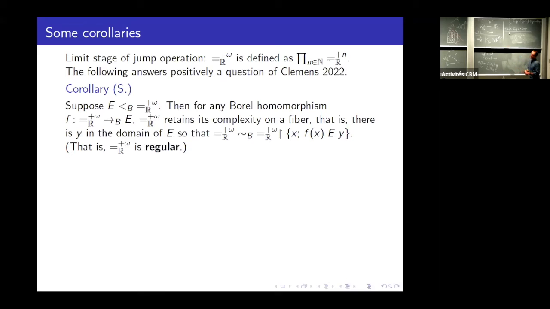I wrote here the terminology that Clemens used to define this, saying that the equivalence relation is regular. If you remember cardinalities in set theory, kappa is a regular cardinal if whenever you have lambda which is less than kappa and you have a function from kappa to lambda, then there is a fiber, so the preimage of one point, that is the size of kappa. So if you divide it into a smaller number of pieces, then there is one piece that is as big as the whole set.